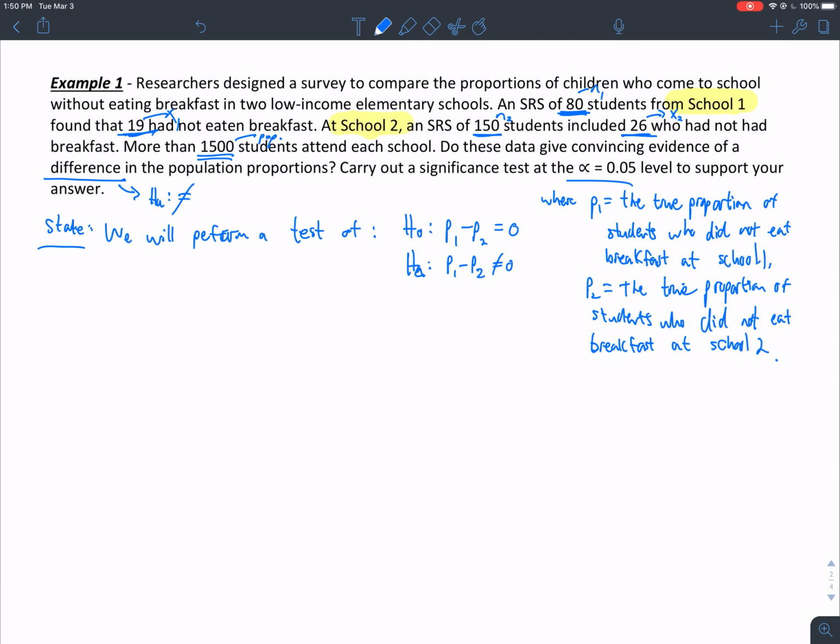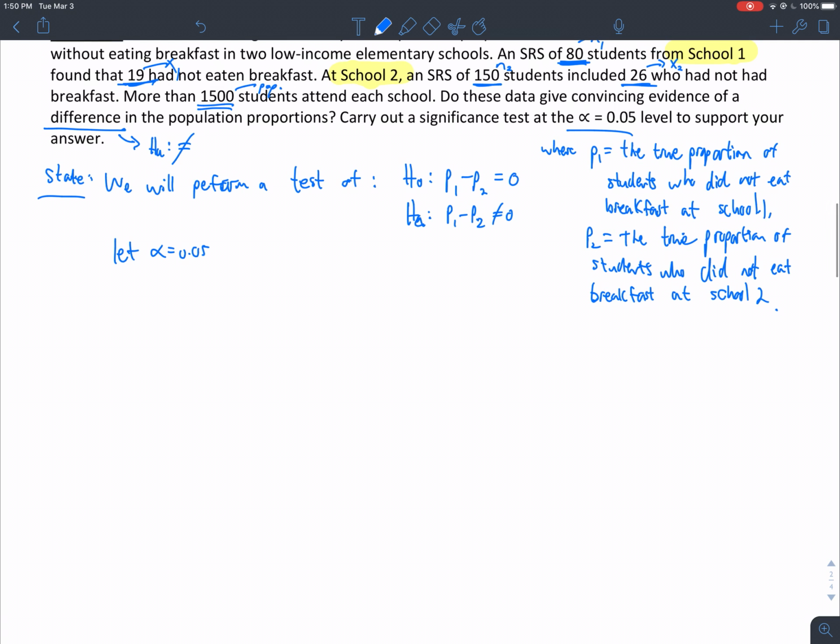And then we will say, let alpha be that. Remember, you state your significance level before you start, always. And then you say plan.